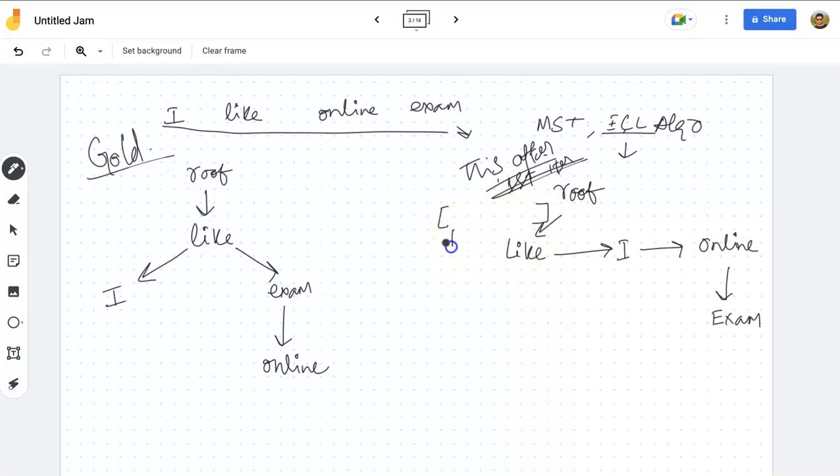There are 4 features: F1, F2, F3, and F4. For each of these we will calculate. For this one also we will calculate, and for this one also. So F1, F2, F3, F4.